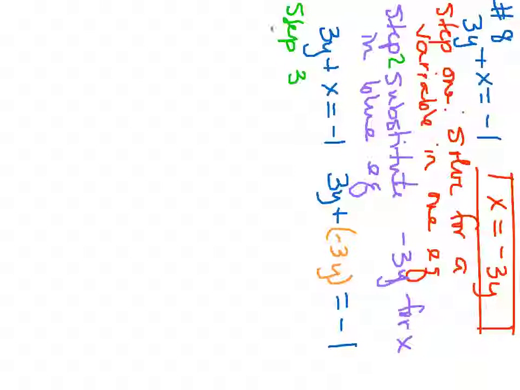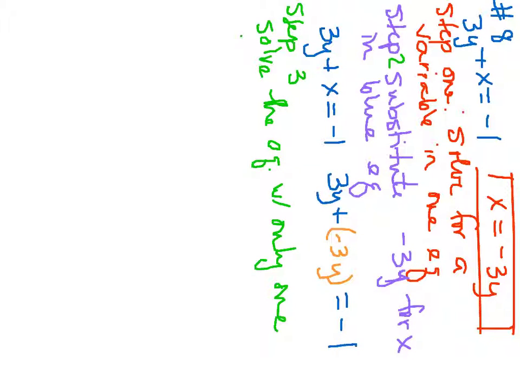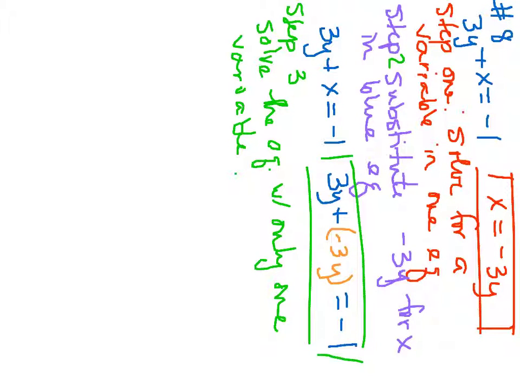Step 3 is solve the equation with only one variable. So in this case, it's this equation right here that only has one variable. So let's go ahead and solve that. We get 3y plus negative 3y is equal to negative 1.